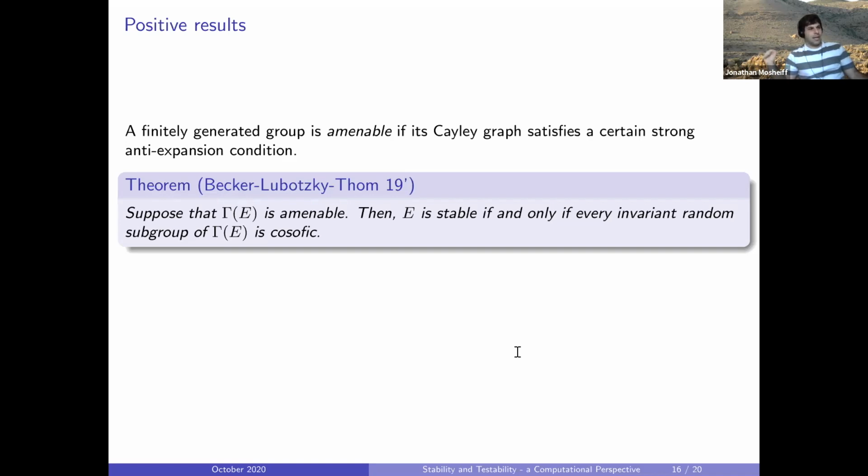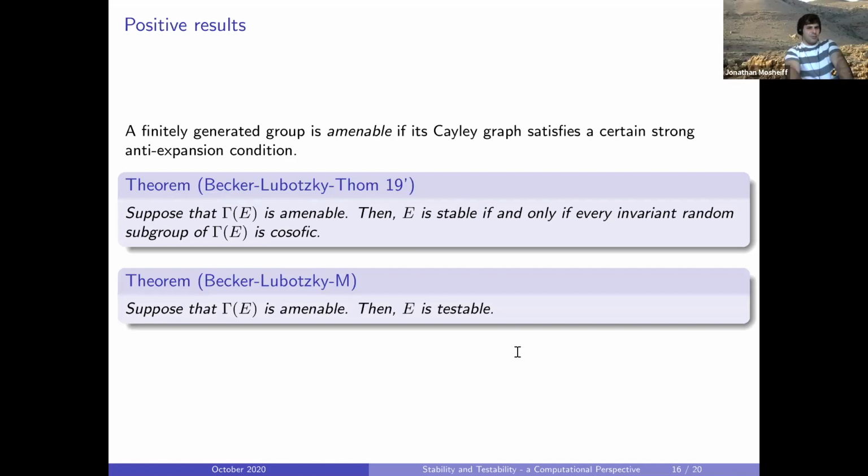You just need to know that they give some non-trivial condition on which amenable groups are associated with stable systems of equations and which are not. We will make sure that at some point in this seminar we explain the IRS, the invariant random subgroup. It's a very important notion in group theory, and it's interesting that it came up in connection with stability in a somewhat surprising way.